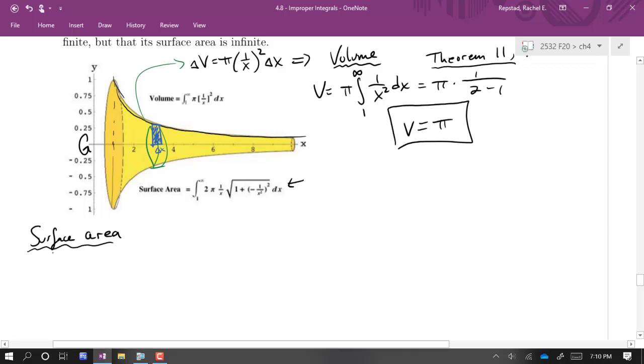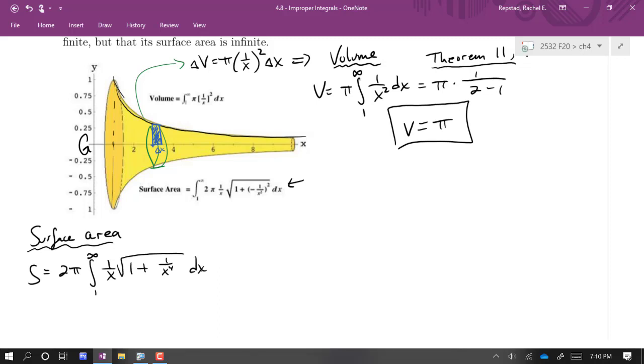And so I'm going to, of course, pull that 2 pi outside, times the integral from 1 to infinity, 1 over x times the square root of 1 plus 1 over x to the 4th. Now unfortunately, we cannot use theorem 11 on this. This is going to take a bit of doing, so be patient.